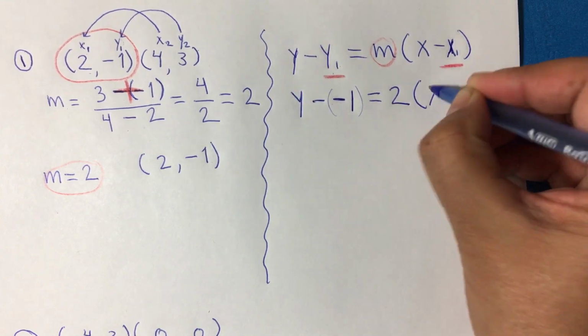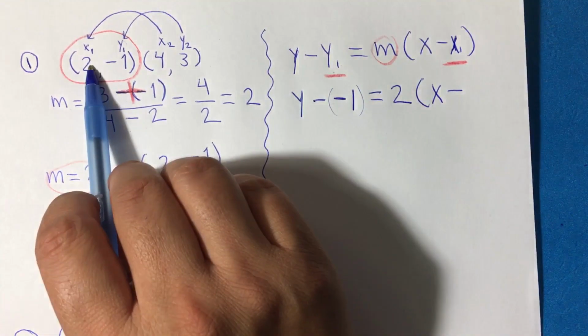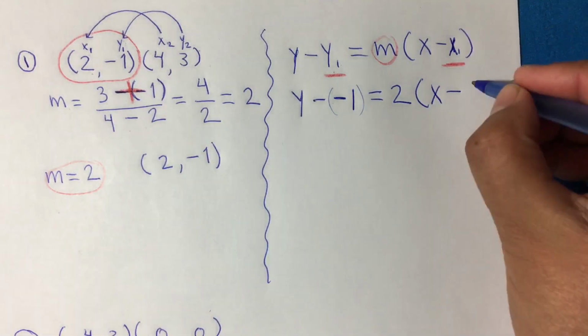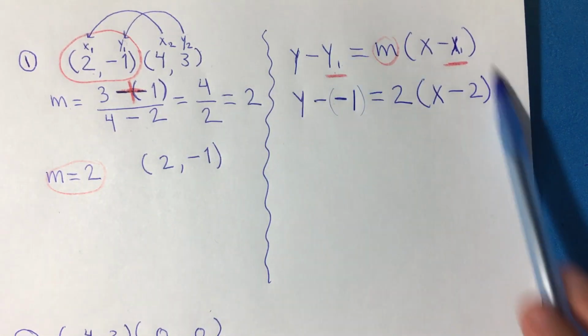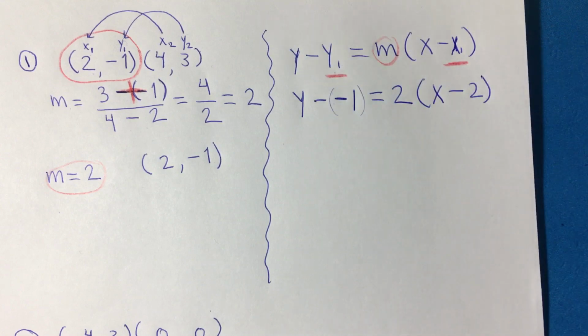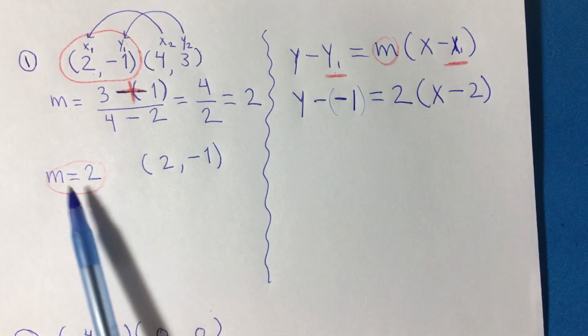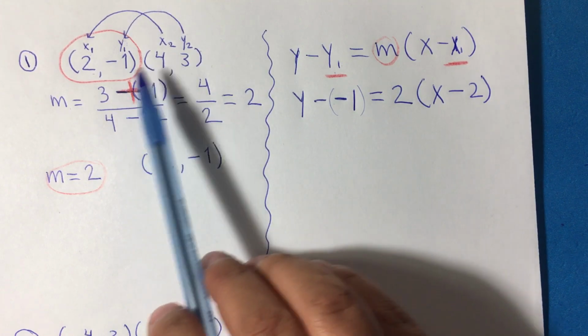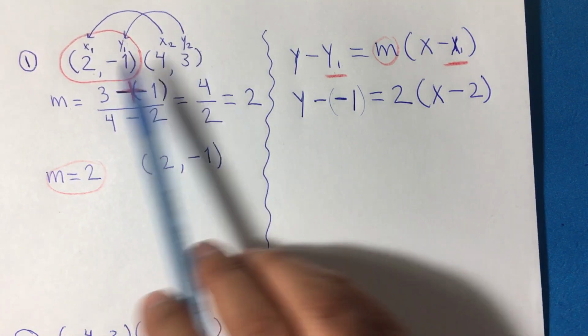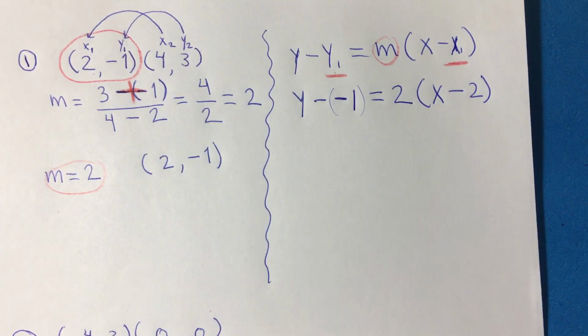And then we have x minus the point that we choose, that's the 2 right there. So this part is very similar. From here on, it's just like the last lesson, okay? Where we were given the slope and a point, but in here, we found the slope and we chose which point we were going to use.